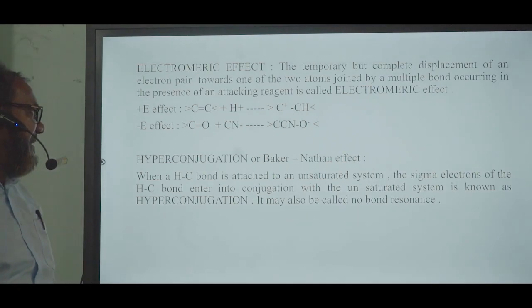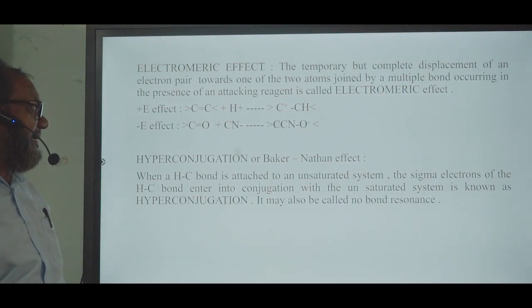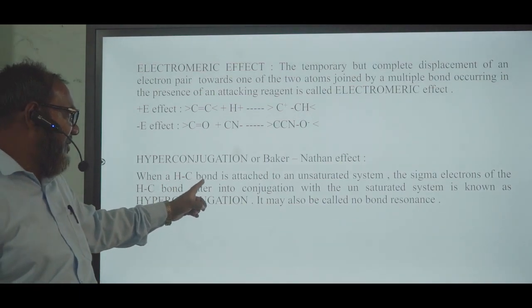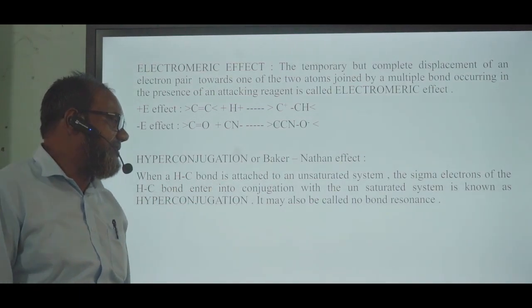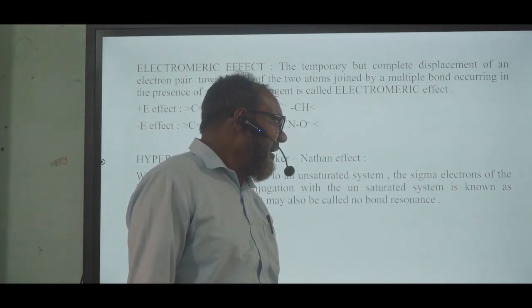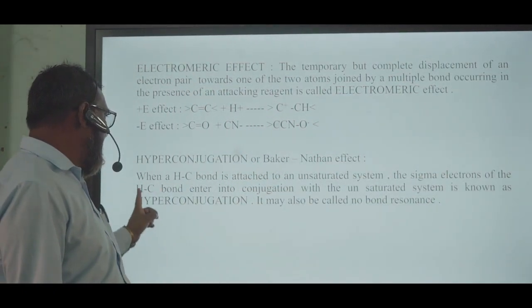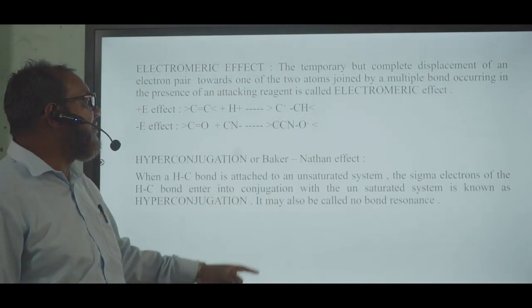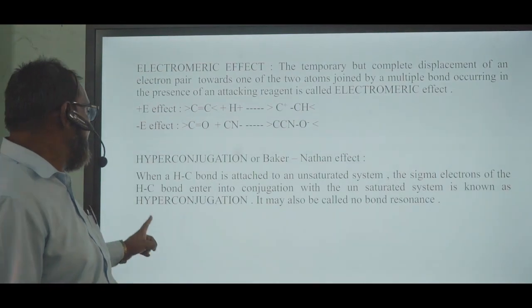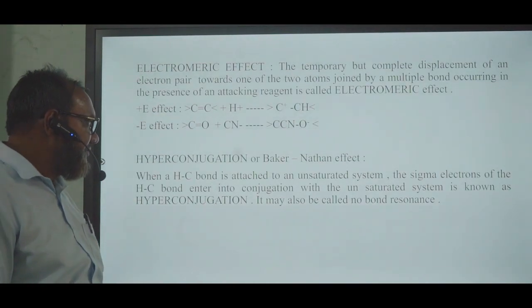Next one is hyperconjugation or Baker-Nathan effect. Now, when a carbon-hydrogen bond is attached to an unsaturated system, the sigma electrons of the carbon-hydrogen bond enter into conjugation with the unsaturated system, and this is known as hyperconjugation.